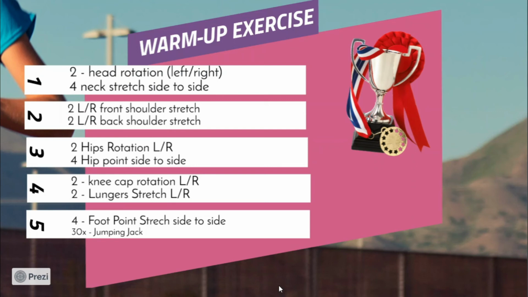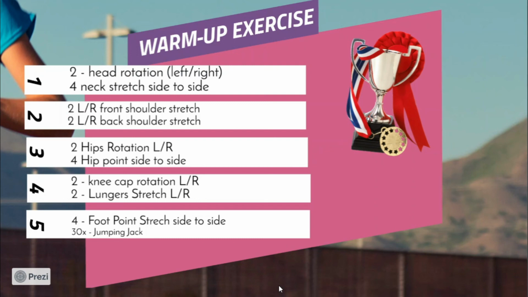For number 3, there are 2 hip rotations. It's counterclockwise, or you're going to rotate to the left, or rotate to the right. Okay, and there are 4 hip point side to side rotations. If you're going to point your hip to the front, point your hip to the back, point your hip to the left side, and point your hip to the right side.